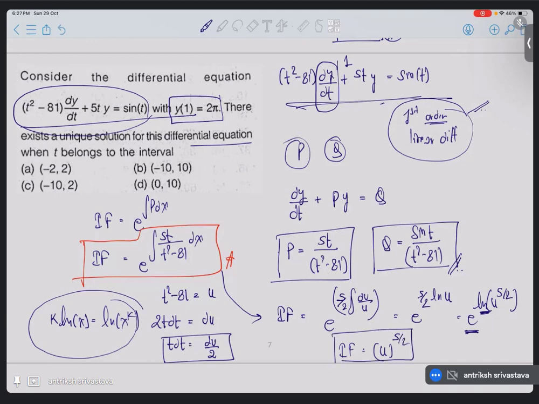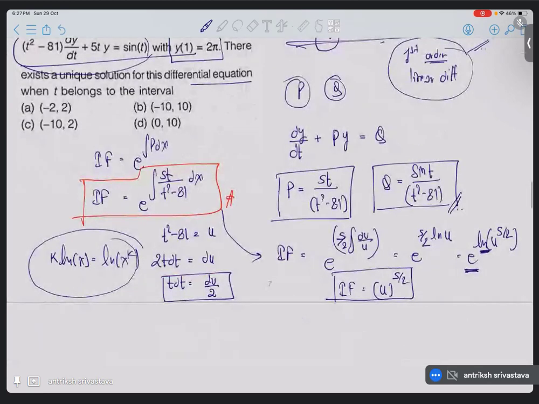Let's put in the value of u. So our integrating factor is going to be (t² − 81)^(5/2). Okay, so pretty big, pretty complicated expression, but you will see that we don't even need to solve the whole expression or the whole equation to get to our answer that is asked in the GATE question.